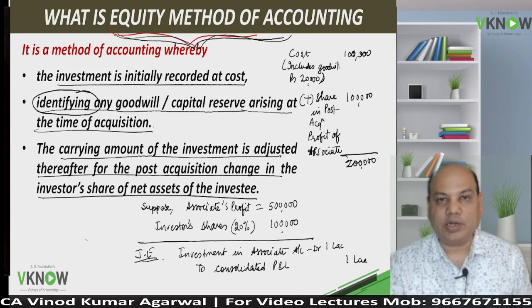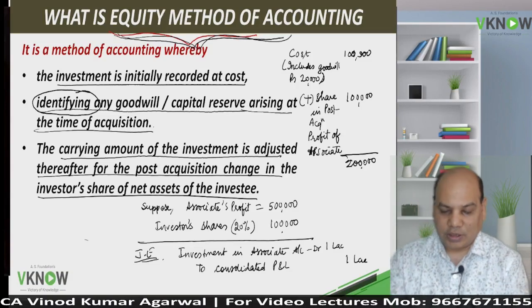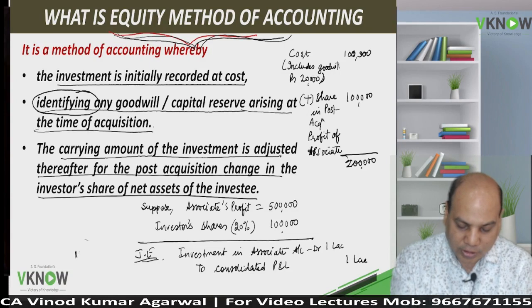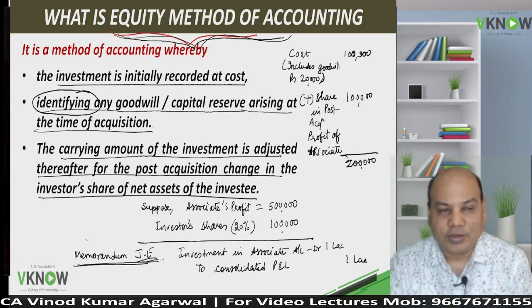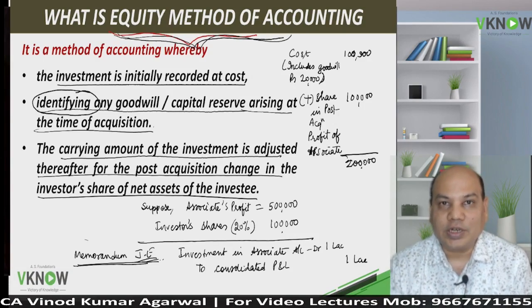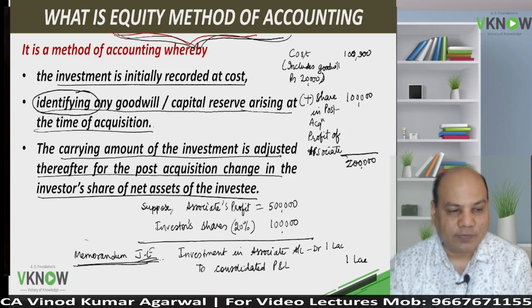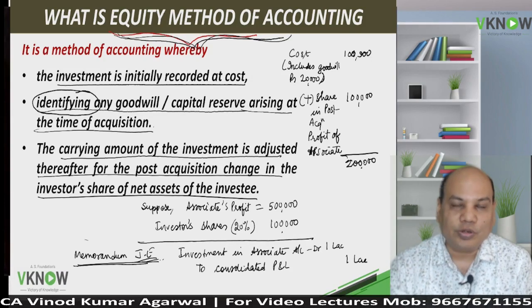In the consolidated P&L account, you are going to add 1 lakh or credit 1 lakh. This is a memorandum journal entry. There is no such entry passed in reality, because the associate's book is different, your book is different, and we do not pass journal entries for consolidated financial statements. That was explained to you earlier also. So this will increase the carrying amount of investment.